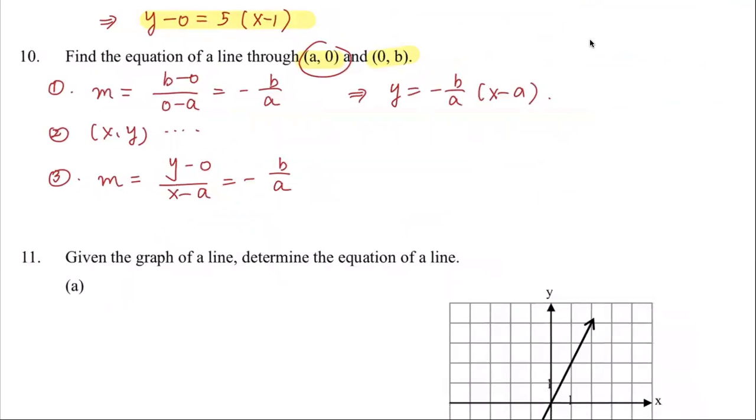This is super off topic, but I just want to point this out. I don't know if you guys can notice this. If we move everything to the left side and organize this equation, it will be the standard form, right? But we learned the slope-intercept form, right? So actually, if we open the brackets without moving this part to the left, it will simply be the slope-intercept form.